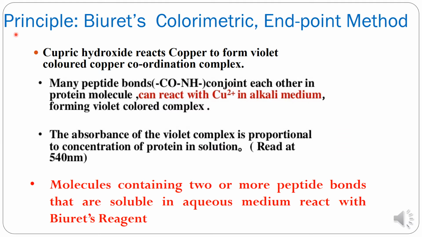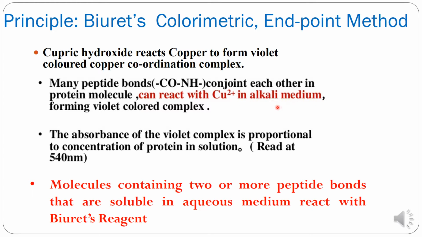So let us now see the details of Biuret's colorimetric endpoint method. The principle of this method includes the binding of peptide bonds, that is the CONH bond, to the cupric ion in alkaline medium.